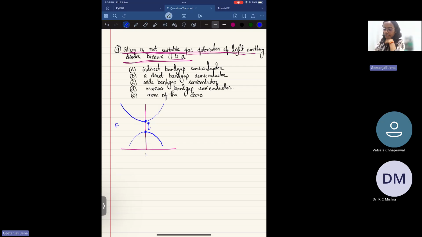This is the E-K diagram that I am showing. If the E-K diagram is like this, then this is a direct band gap semiconductor.